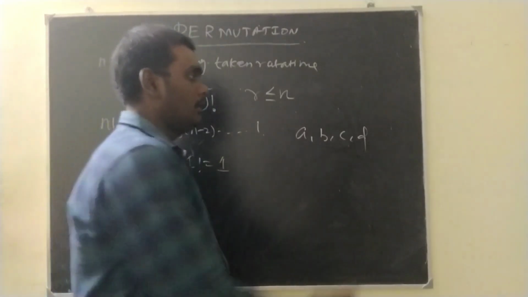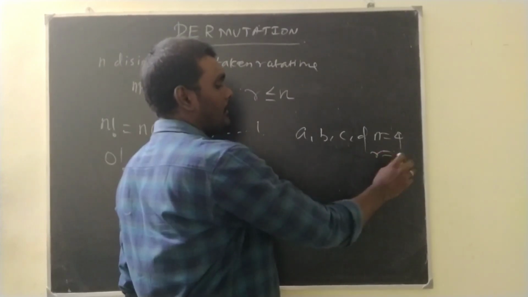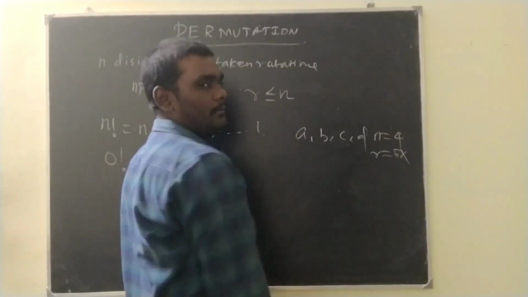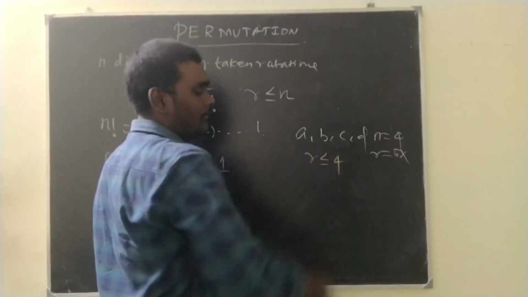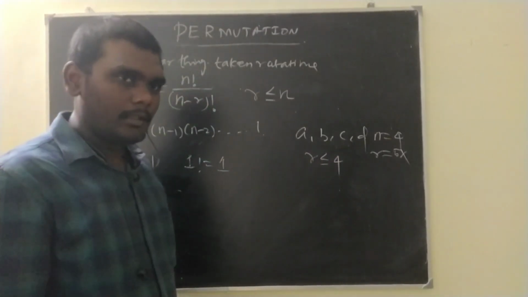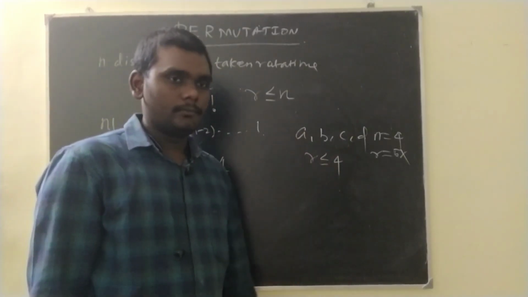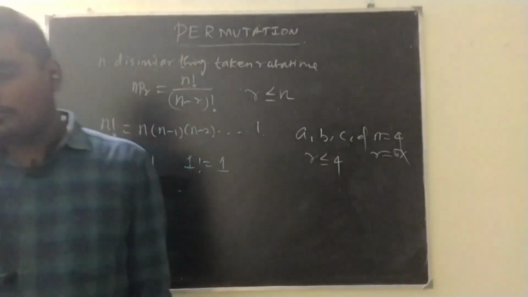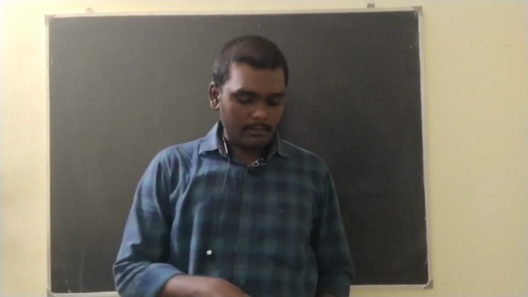No, because here n is equal to 4 and r is equal to 5, which is greater. So r should be less than or equal to 4. Clear? Any doubts on this? Then we'll move to the questions. We'll finish all the theory questions first.